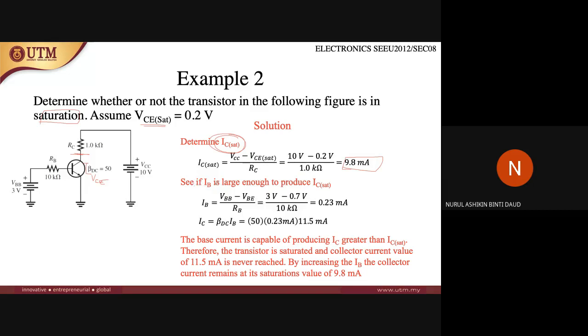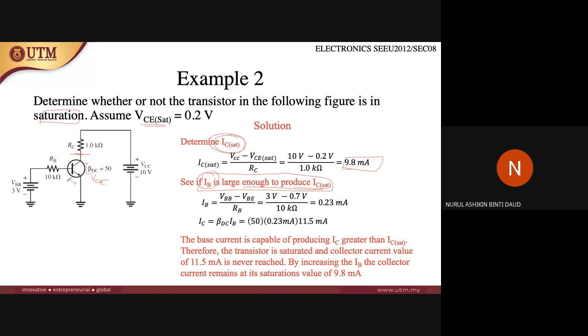And then see if IB is large enough to produce IC saturation or not. How to determine that? First you have to calculate the current that flows at the base. IB is VBB minus the potential drop here.